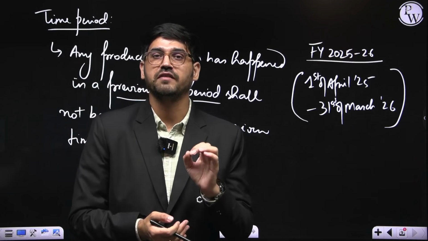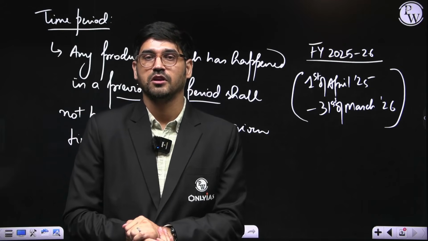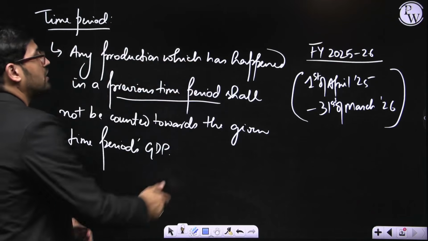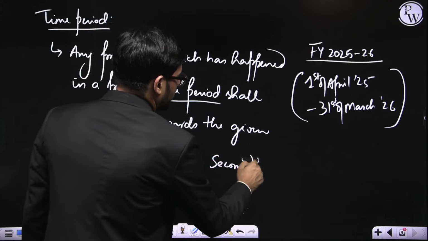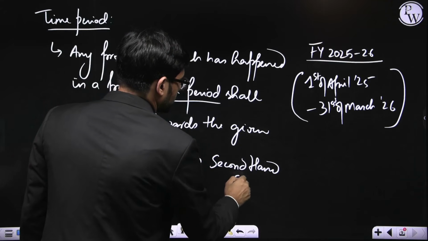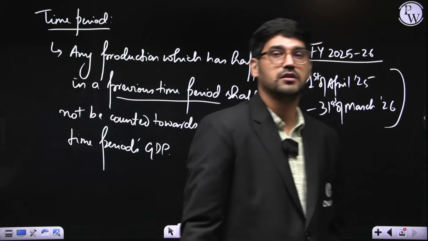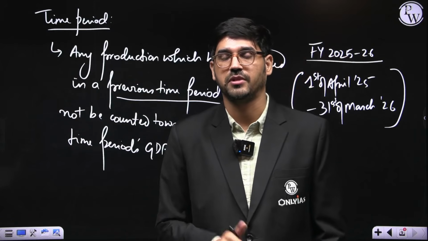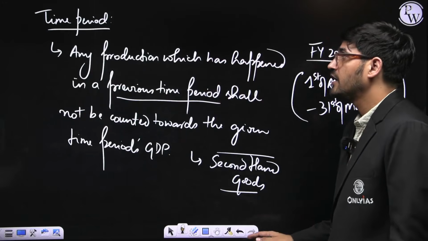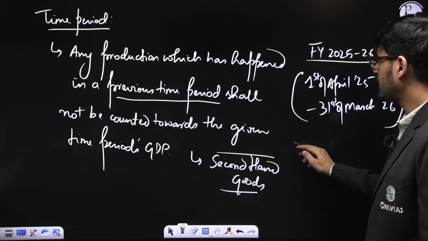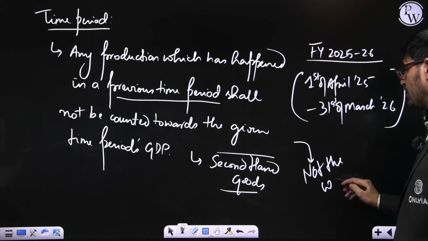It is the market value of final goods and services produced within a time period, which means by default the value of second-hand goods shall also not be counted towards the given time period. One more implication of the same is that this tells you that GDP is not the wealth of an economy.